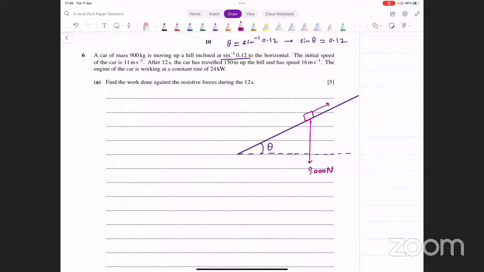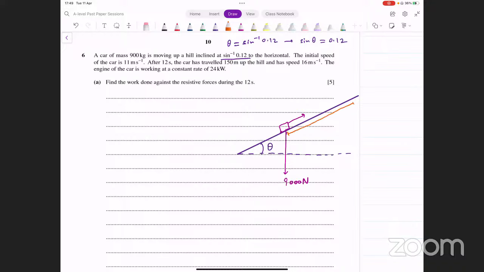Initial speed of the car is 11 meters per second. After 12 seconds, the car has traveled 150 meters up the hill and has speed 16 meters per second. Okay, so the car was here, let's say. After that it started moving up. It moved a distance of 150 meters.